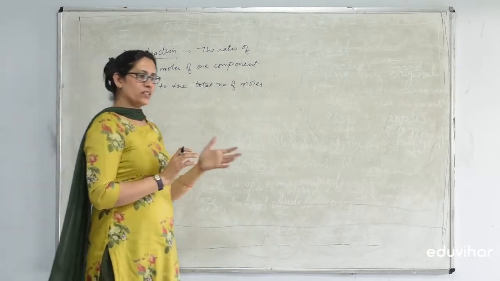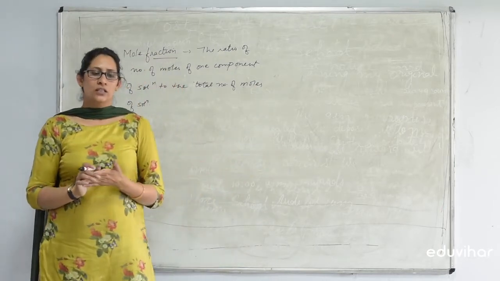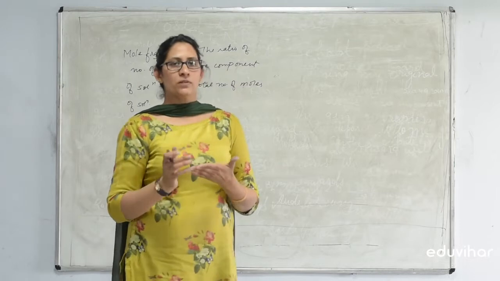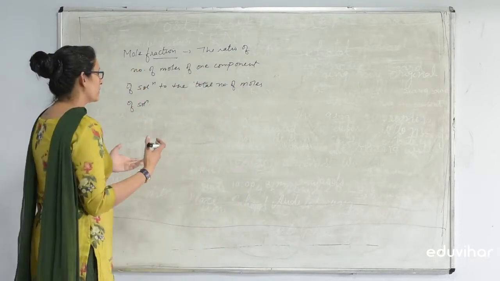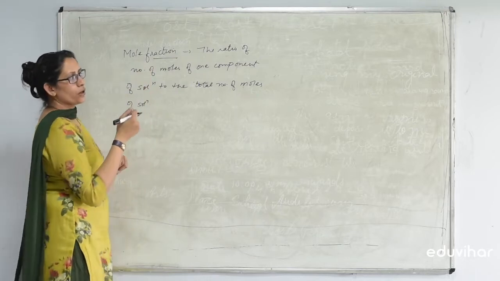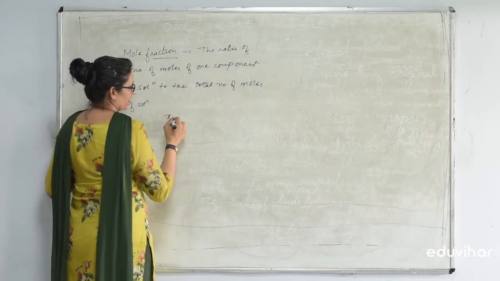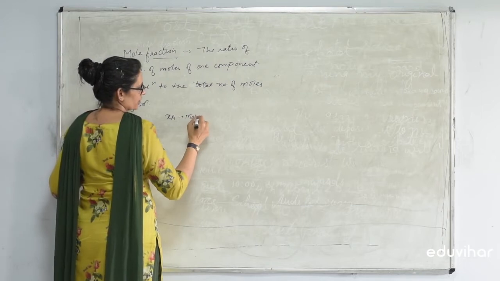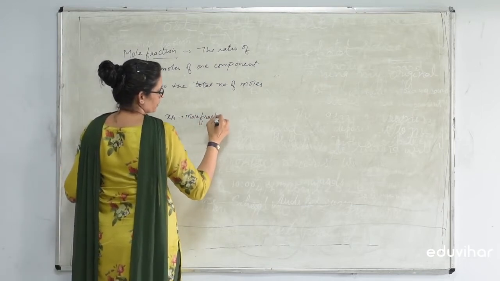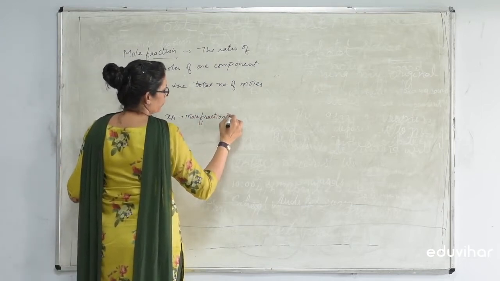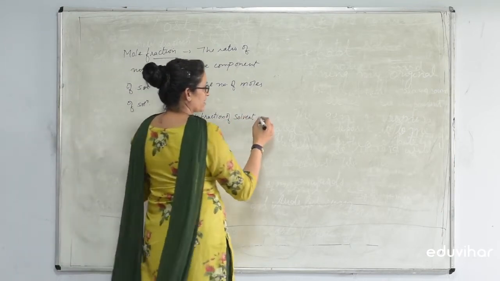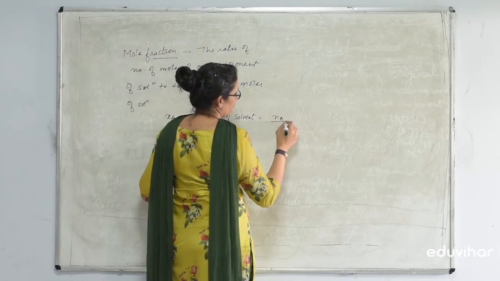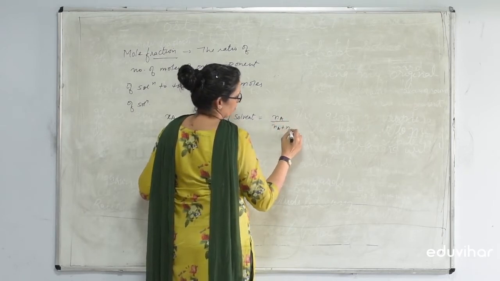In the last video we understood the number of moles, the representation of given mass, the representation of molar mass, and also the notation of mole fraction, XA. XA is the mole fraction of solvent, represented as Na upon Na plus Nb.